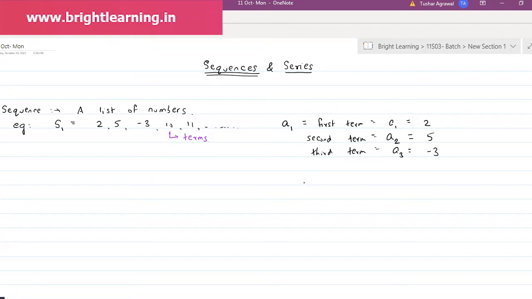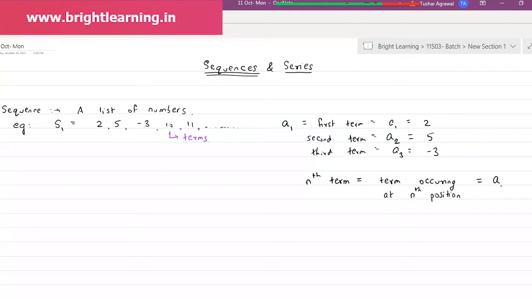By that method, what is the meaning of nth term? The nth term is the general expression for the term occurring at the nth position. Nth position means I will give you the value of n and you will determine it. If I give you n equals 2, we are talking about the second term, not the first, the term at the second position.